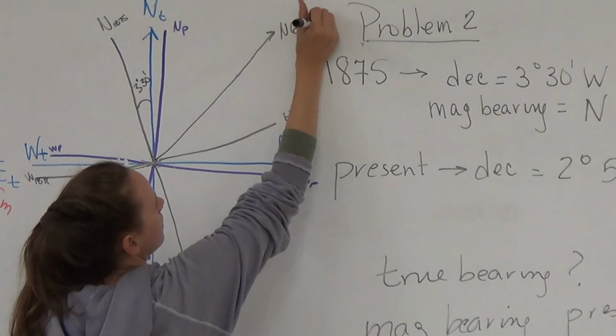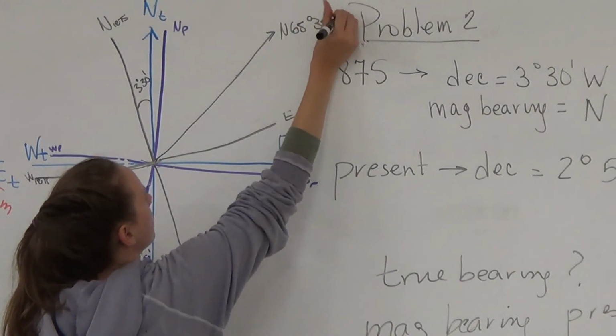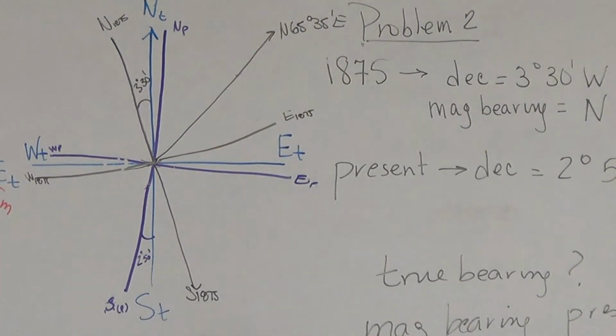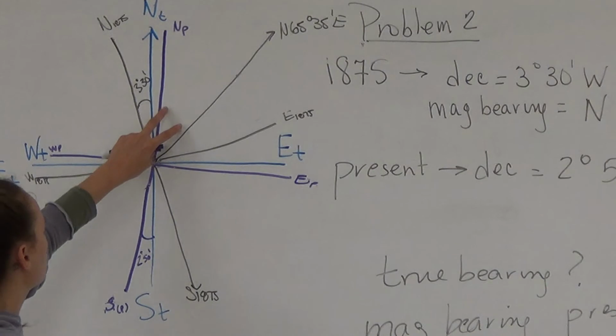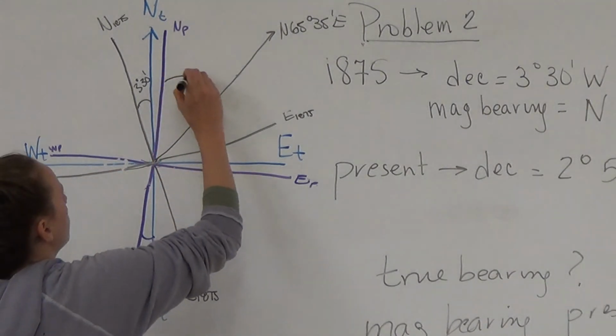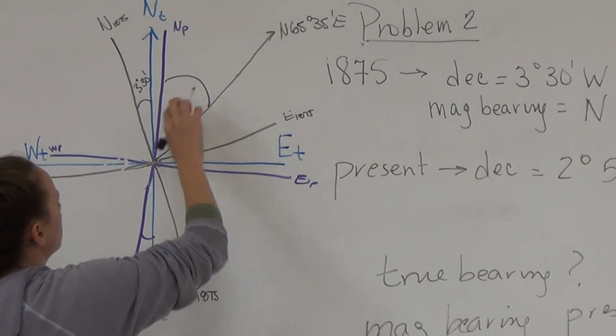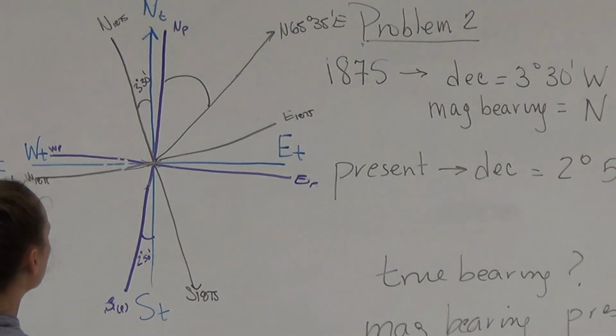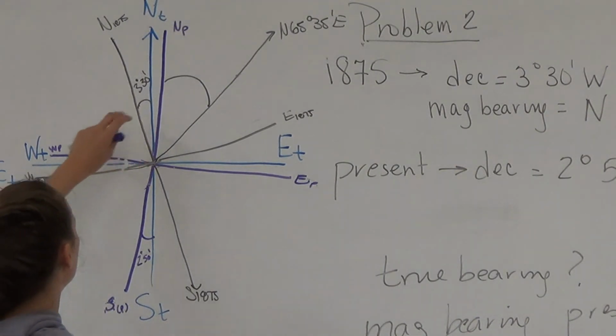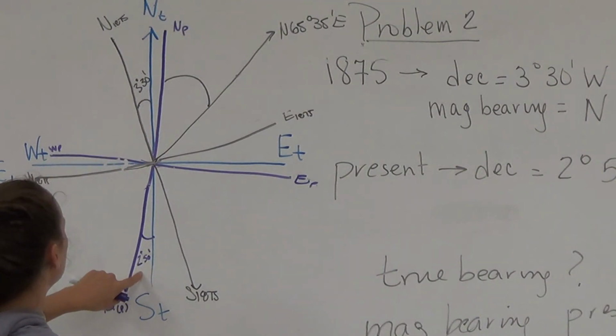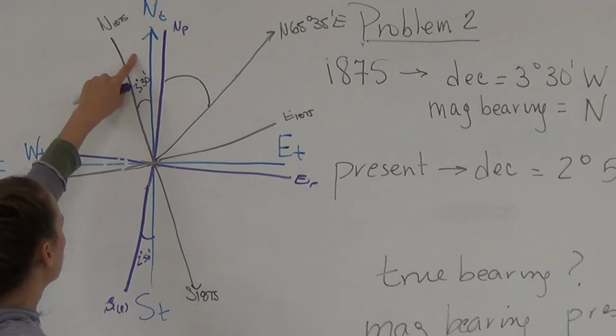This is magnetic, and this is true. And then I just did some math, and from the present magnetic bearing, there's an extra 2 degrees 50 minutes and 3 degrees 30 minutes.